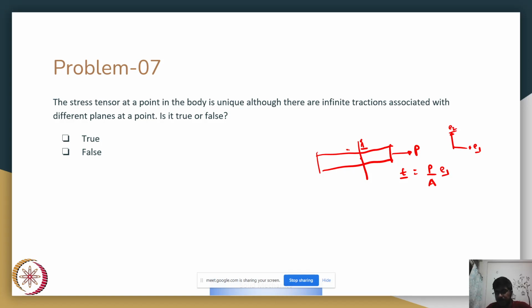But if you calculate the traction on this plane, say n hat, and this angle is theta, then T hat would come out to be P upon A by cos theta, which is the projected area. So traction can change.